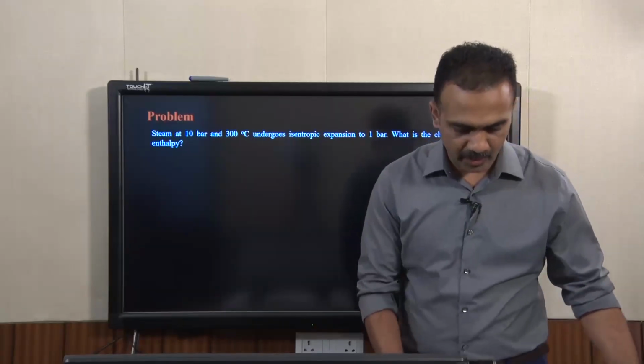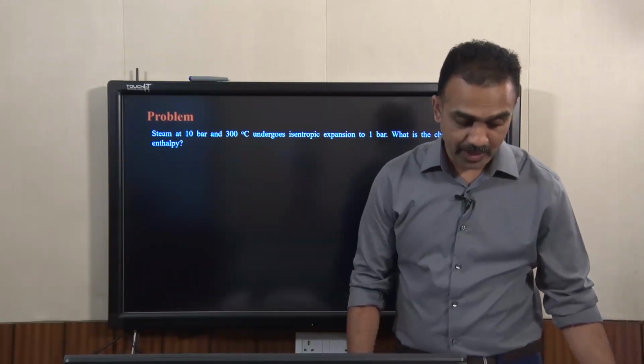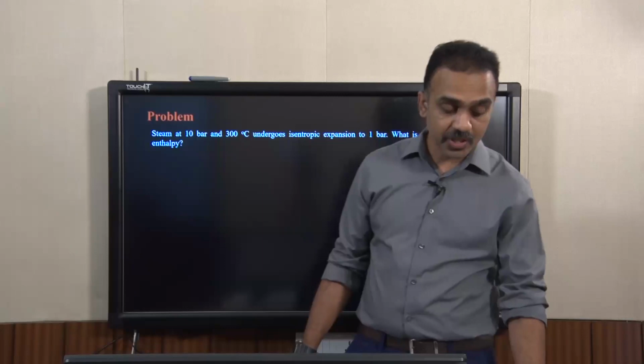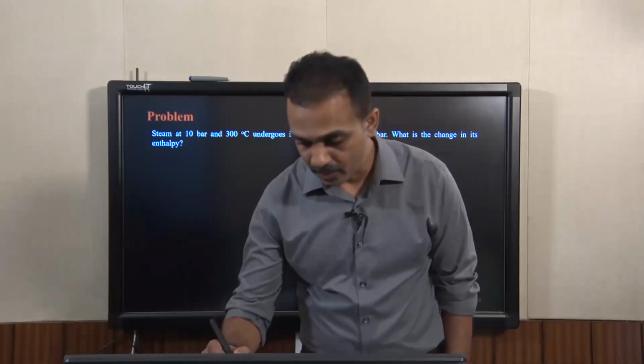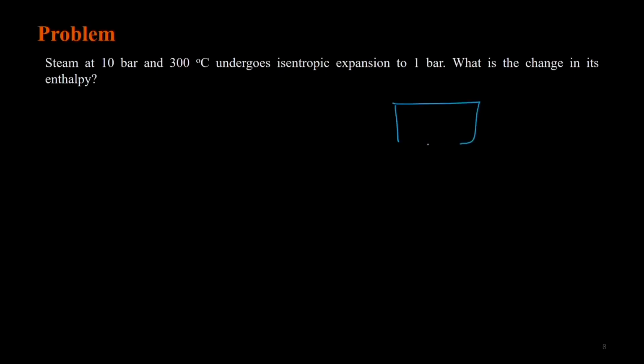So we have steam that undergoes an expansion. The expansion is said to be isentropic, and we want to know the change in enthalpy, right? So what I have is a process, right? Steam is entering at 10 bar, and the temperature is 300 degrees centigrade, and it comes out, I don't know at what condition or at what temperature, but what I do know is it comes out at 1 bar.